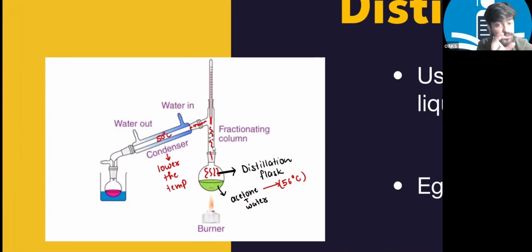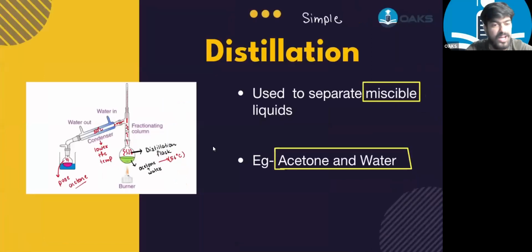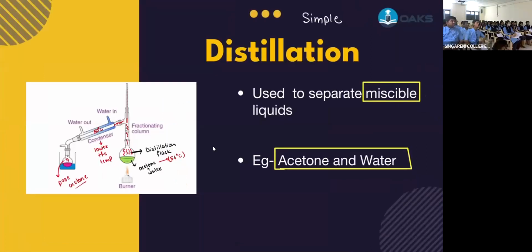The acetone which was in vapor form will again come into liquid form. And then whatever you are going to get in this particular beaker, is it pure acetone? Yes or no? Yes, sir. Now understood everyone? Any doubts? No, sir. Okay.